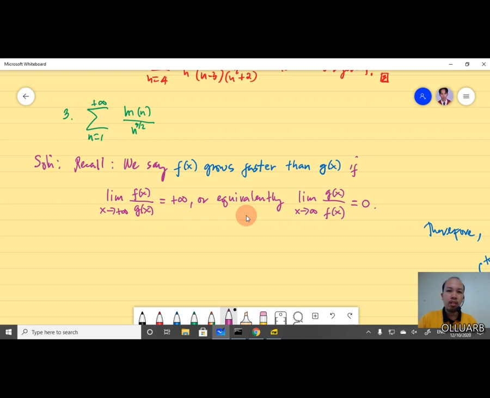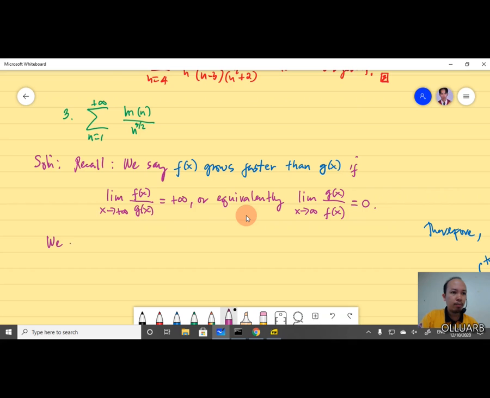So meaning to say, if the limit of the quotient, this time it's reversed, as you can see here, f of x is in the numerator while g of x is in the denominator. Here our g of x is in the numerator and our f of x is in the denominator. And if the limit is 0, meaning to say that f of x grows faster than g of x.